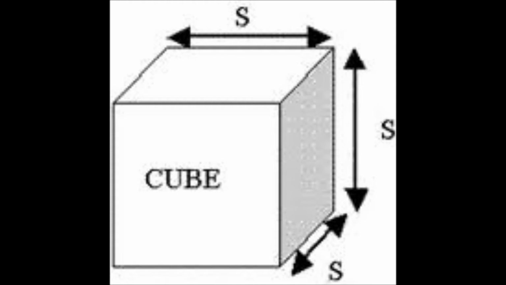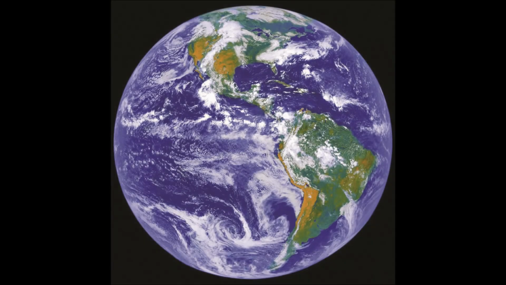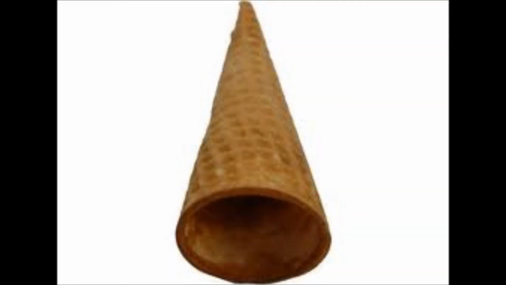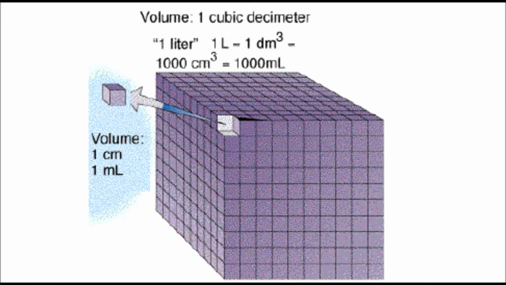We could figure out how much mass the earth can hold, how much volume the earth has. We could also figure out how much ice cream we could put into an ice cream cone and level it off on the top. These are all different ways of measuring the volume of something, some sort of an object.